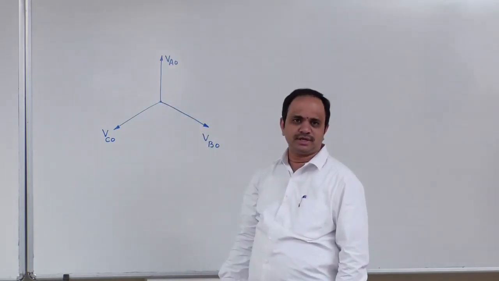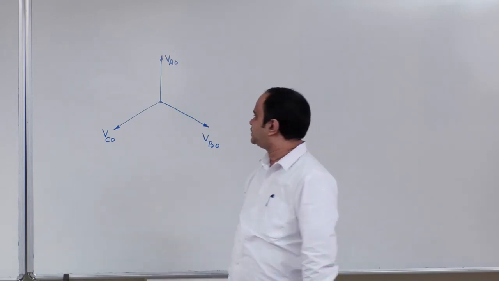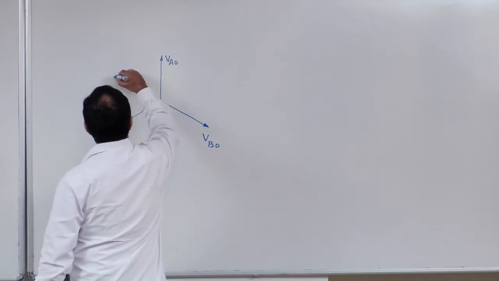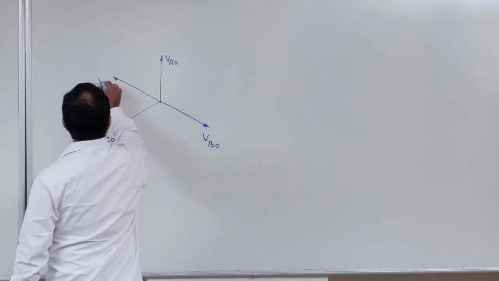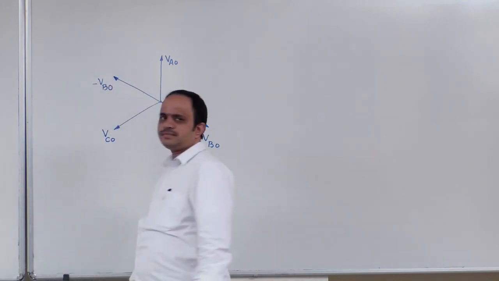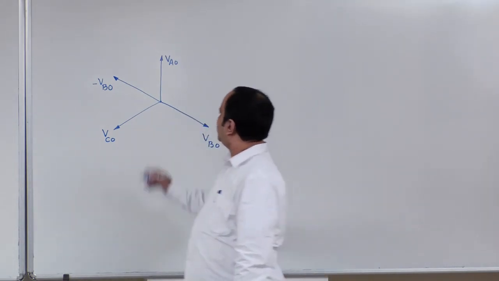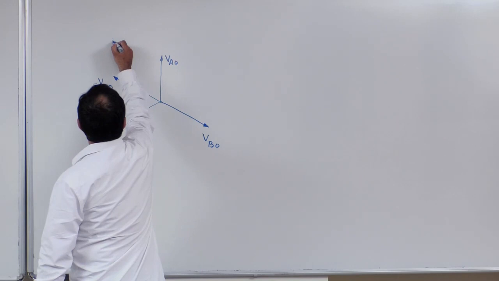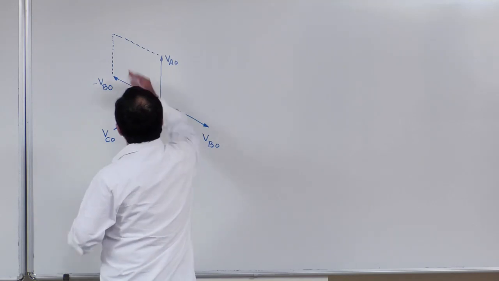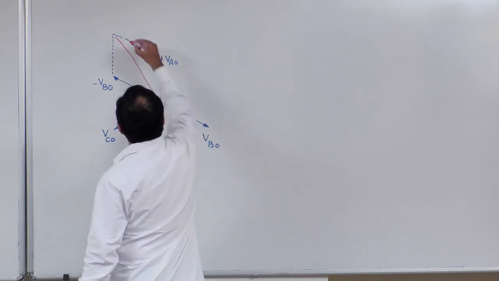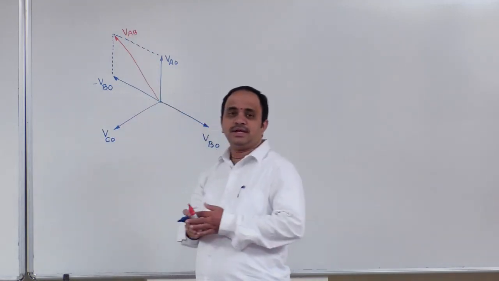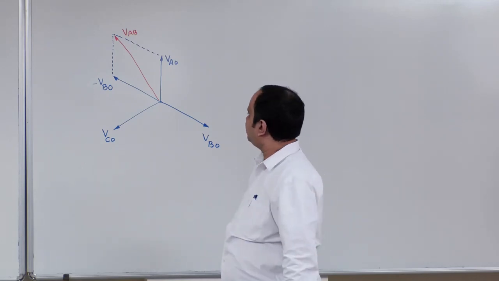Phasor subtraction is not there, but we need to subtract it. What can I do? Extend this VBO phasor by 180 degree, then you will get minus VBO. After that you can add these two phasors. Then it will give you a phasor called VAB.